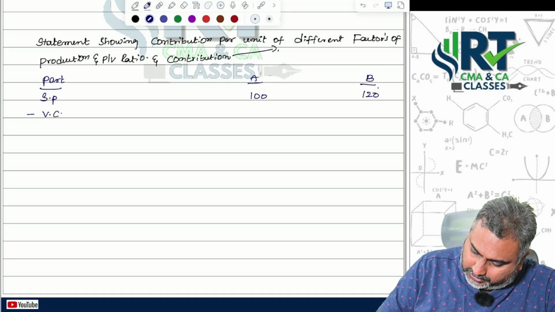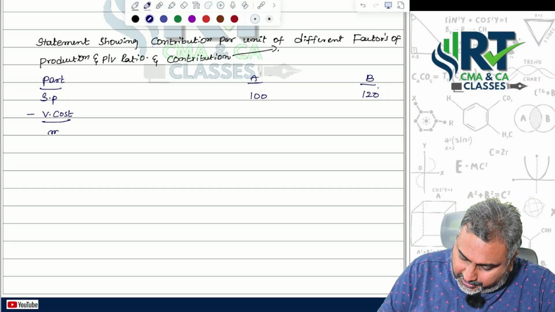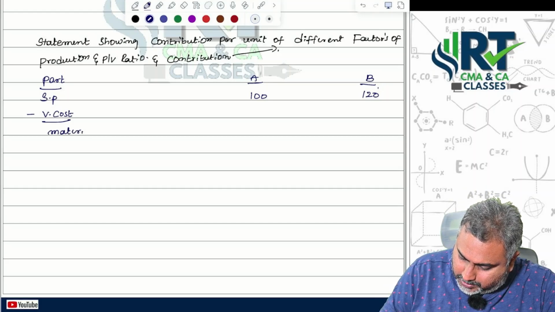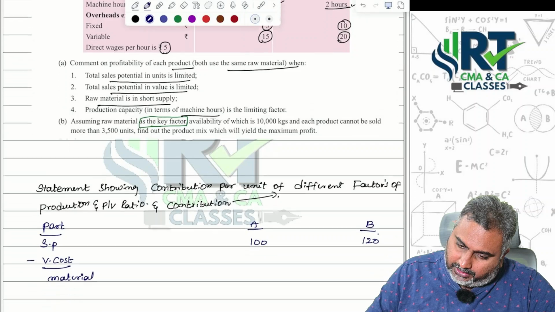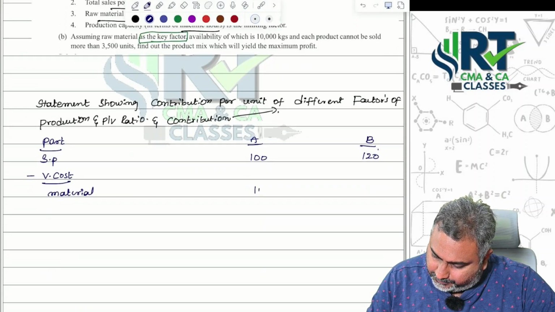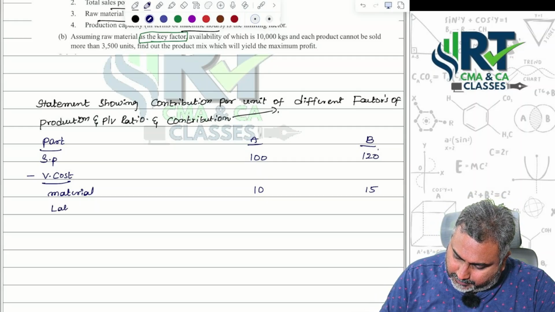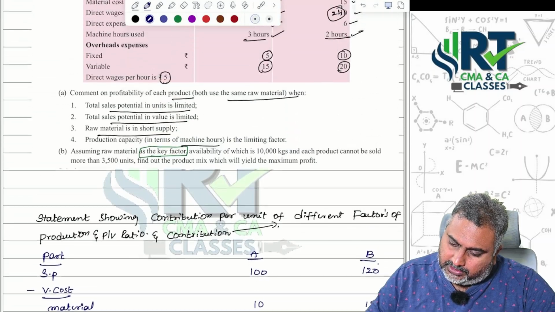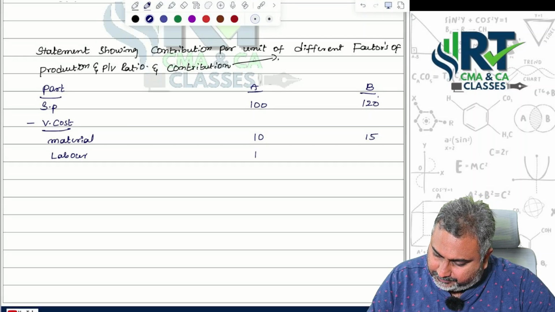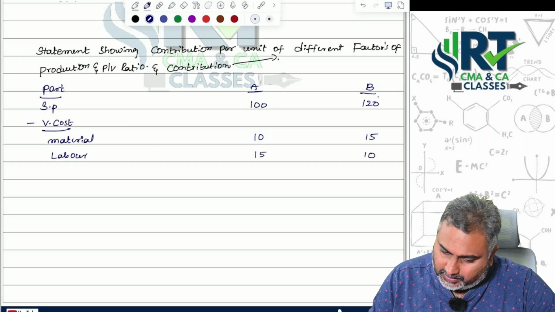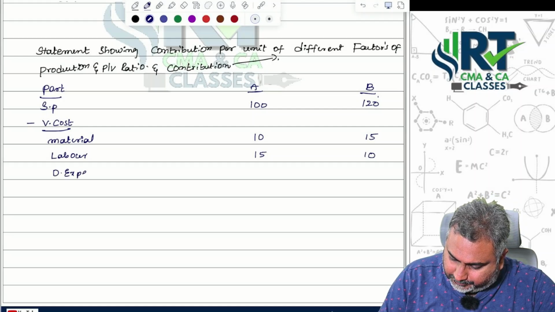Less variable cost. We have a few variable costs with us. One is what? Material. Already given in the question. How much material? 10 and 15. Then second was labor. That is also given in the question. How much? 15 and 10. Then the third one was direct expenses.